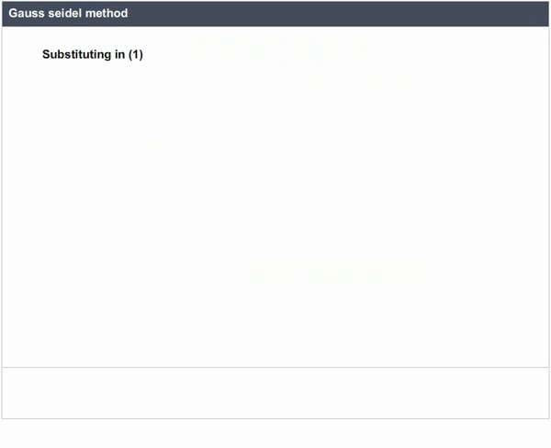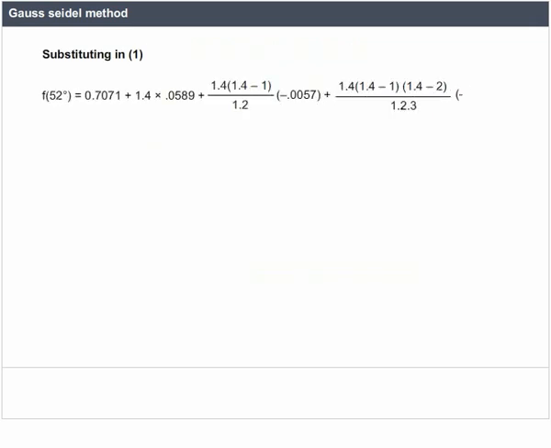Substituting in 1, we get f(52 degree) equal to 0.7071 plus 1.4 into 0.0589 plus 1.4 into (1.4 minus 1) by 1 into 2 into minus 0.0057 plus 1.4 into (1.4 minus 1) into (1.4 minus 2) divided by 1 into 2 into 3 into minus 0.0007.